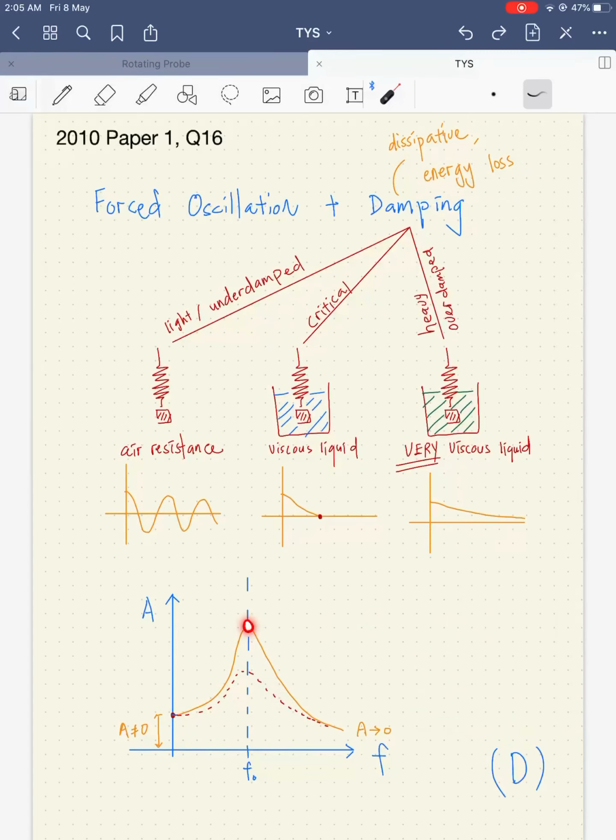And then the resonant frequency becomes lower, because in a damping medium there's a dragging force. As a result, you have to oscillate at a lower frequency.